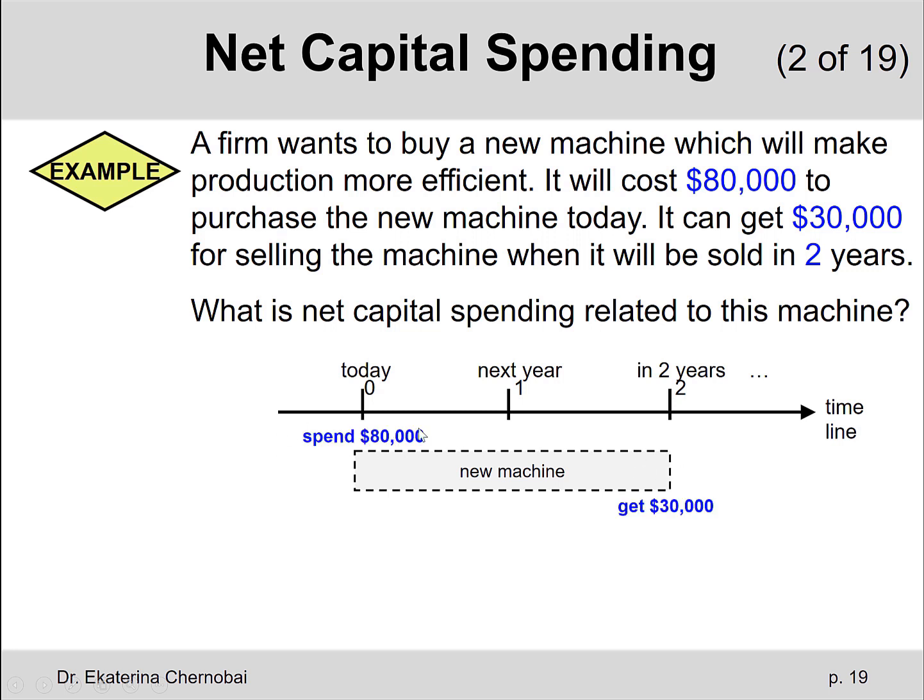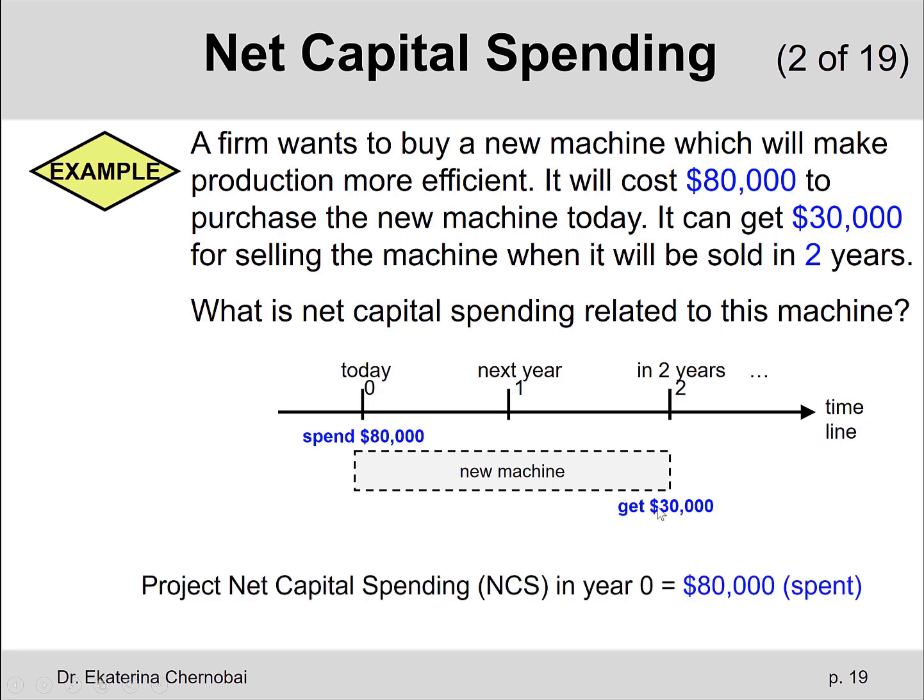So we will be spending $80,000 on buying the machine now, and when we sell it in 2 years, we will get to keep $30,000, right? To answer this question, you actually don't need to find some sort of difference between 80,000 and 30,000.